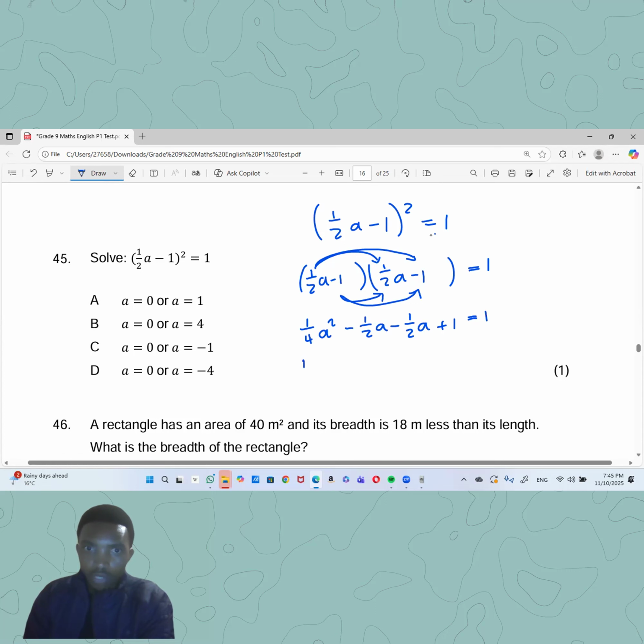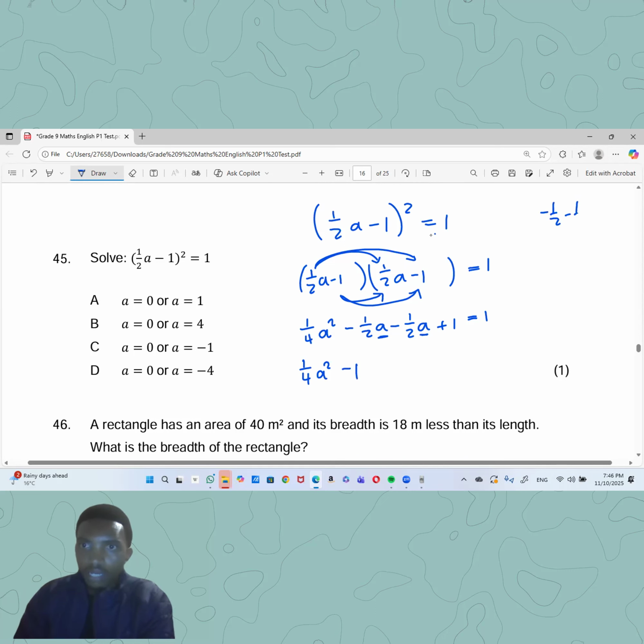So what do we have? 1/4 a squared, −half a, −half a, +1. Do we have any like terms at this point? This and that are like terms, right? So negative half plus negative half is what? It is −1.